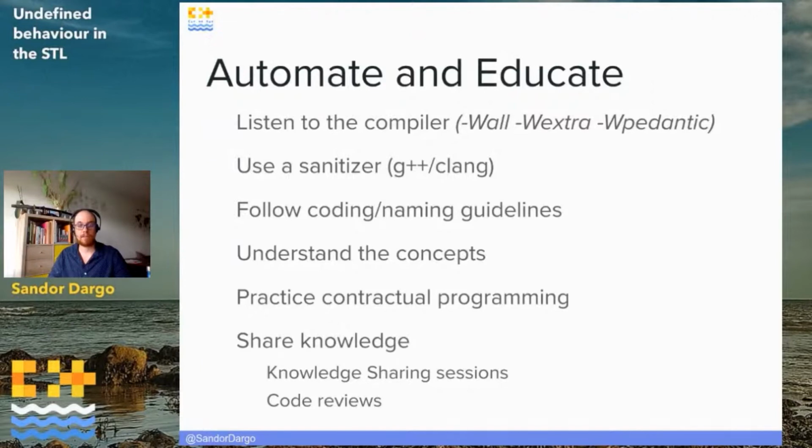You can use some sanitizers that are available for major compilers, and I think there will be a talk about that maybe tomorrow. And you should follow good coding and naming guidelines as well, because they will seriously limit the possibility to err in such ways that we did.